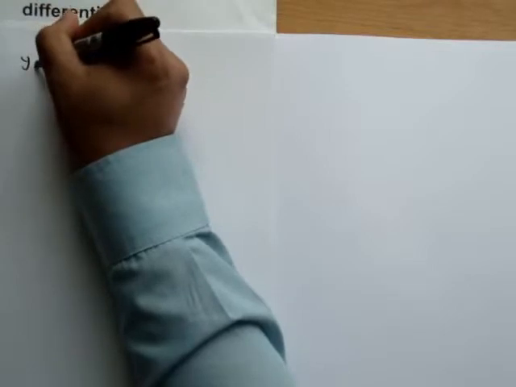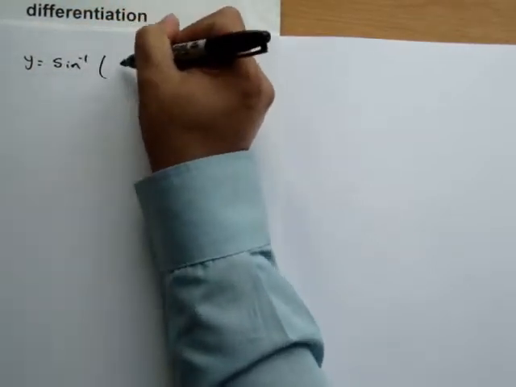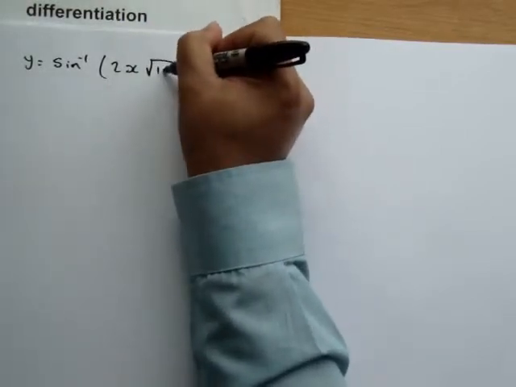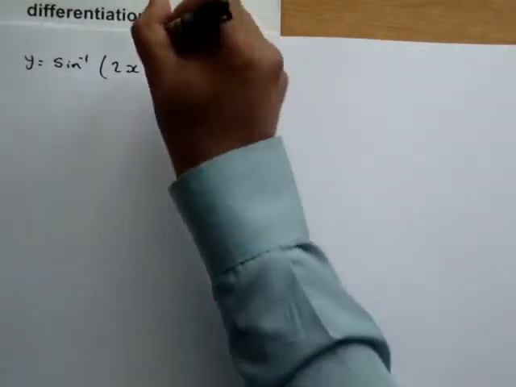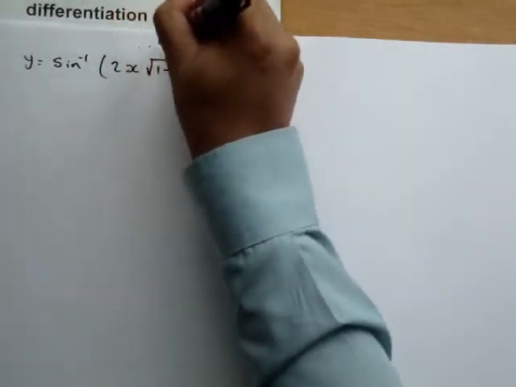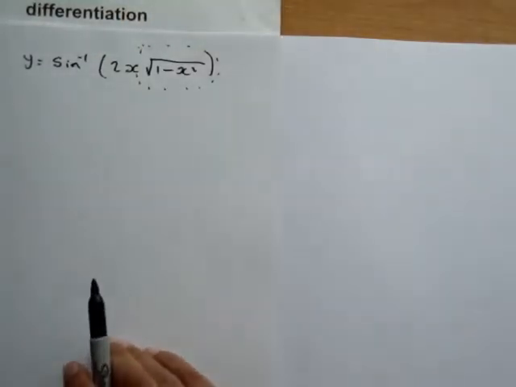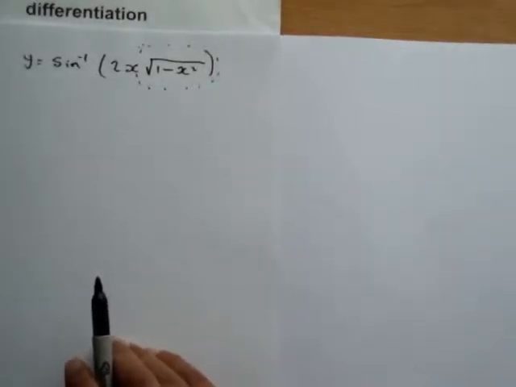Another example: y is inverse sine of 2x times the square root of 1 minus x squared. When we look at this part, we want to make it into a sine to make our differentiation simpler.